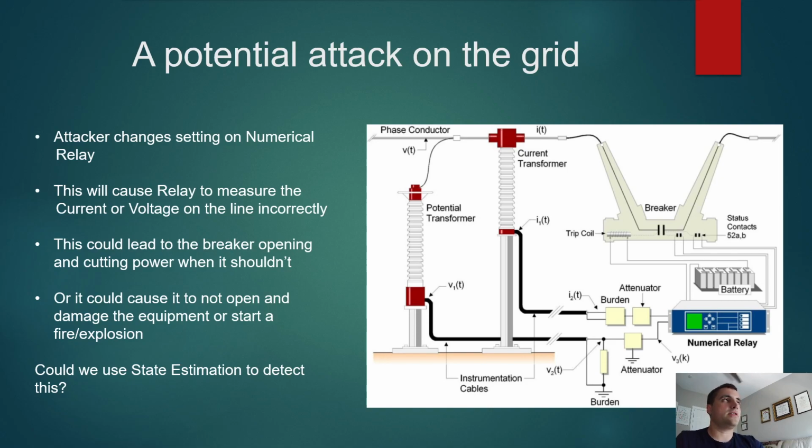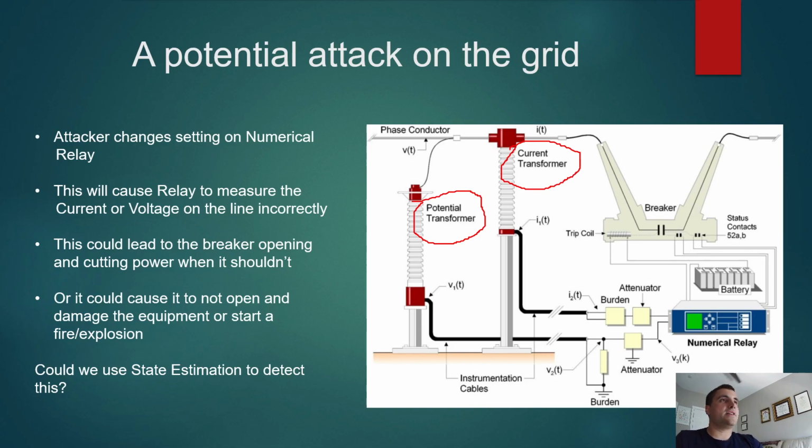I'm not going to explain how an attacker would do that, because we're all adults here, and thinking about malware on something like a numerical relay running Windows CE is not something too far-fetched. But essentially, for the purposes of this, we're worried about an attacker who's very subtly trying to change a setting in either the potential transformer or the current transformer, which would give a bad voltage or current reading.